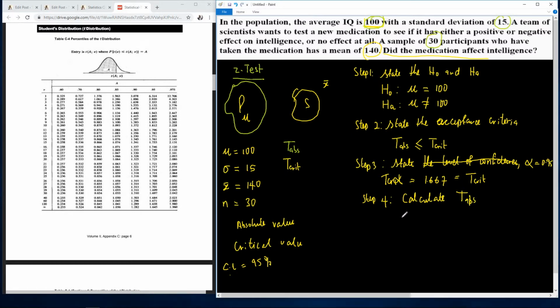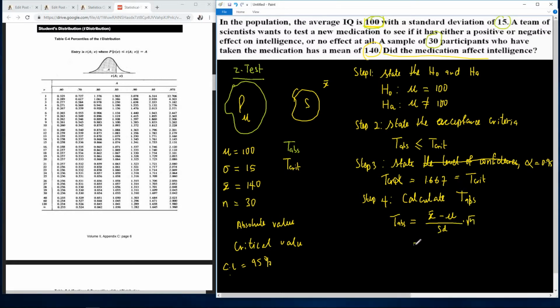And the formula to do that, which you should already know, is t absolute, which is what we are trying to calculate, is equal to the sample mean minus the population mean, all over standard deviation times root n. So this is the formula.